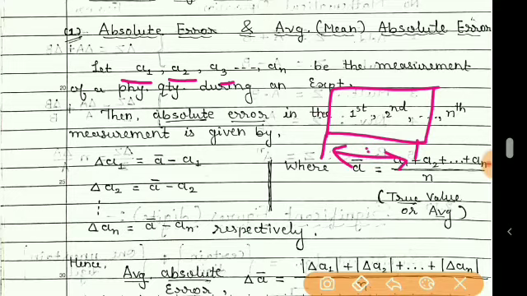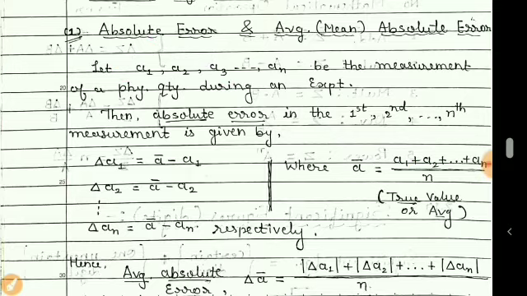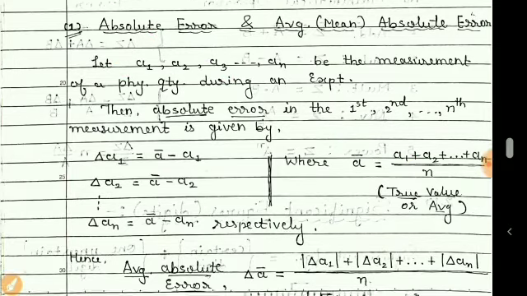But when I measure this length with the help of an instrument, the first time the reading is different, the second time it is different, the third time it is different. So there is slight variation in the measurement. So what is to be done in such a case? In such a case, we need to take the average reading.